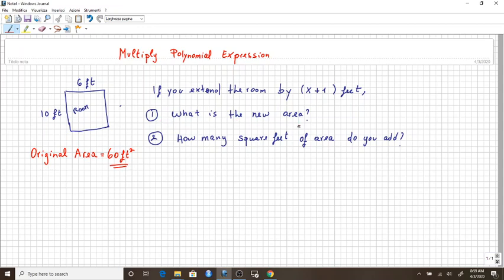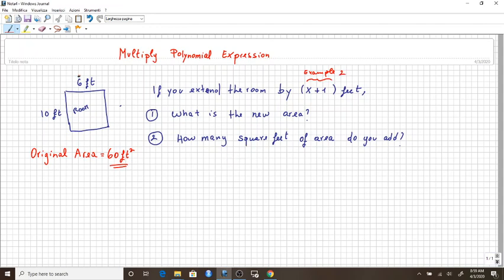Okay, so that's the original area. Now, the question is, what's the new area once we do the extension? So we want to extend this by x plus 1 feet. In order to understand what to do, imagine this was a number, for example 2 feet. What would you do?